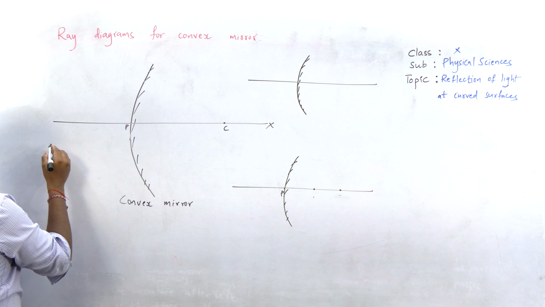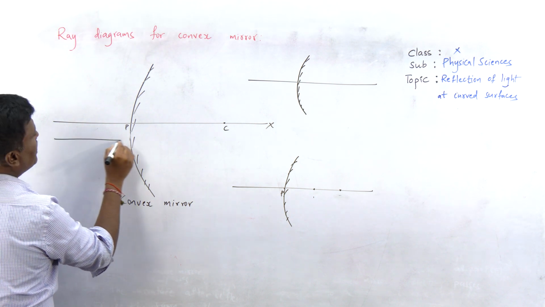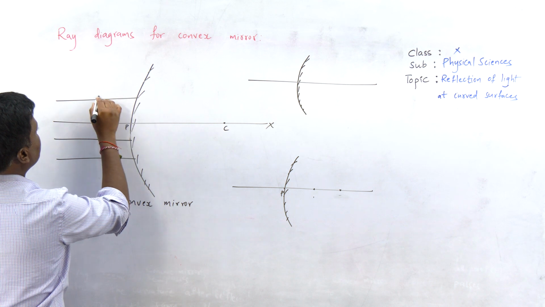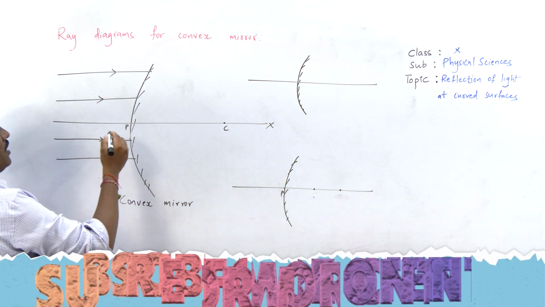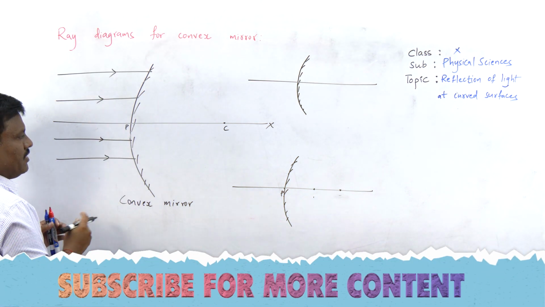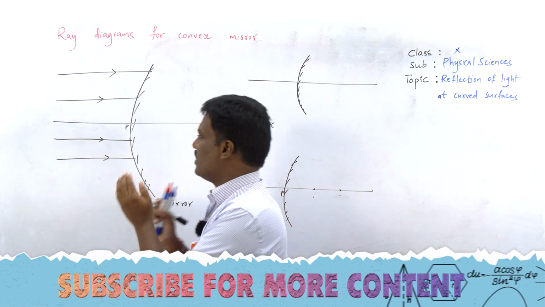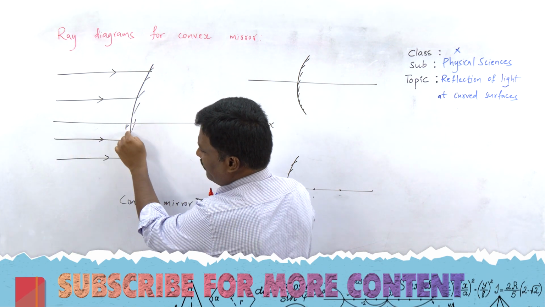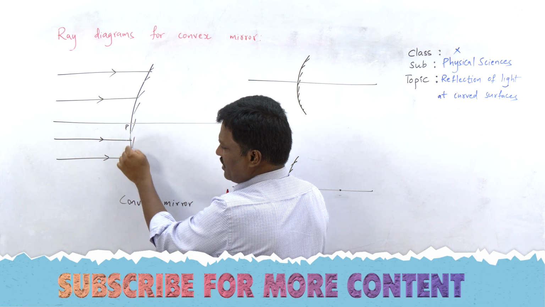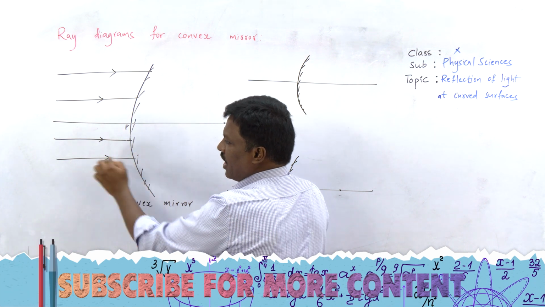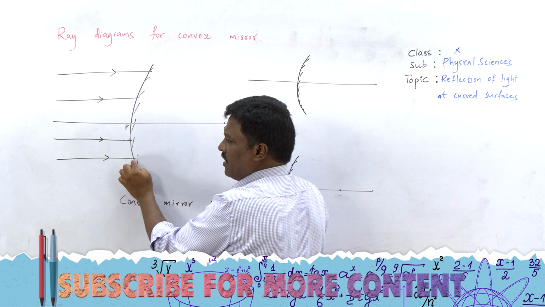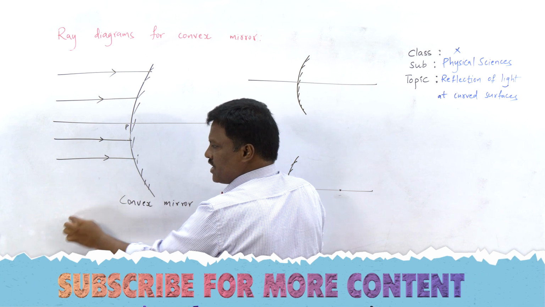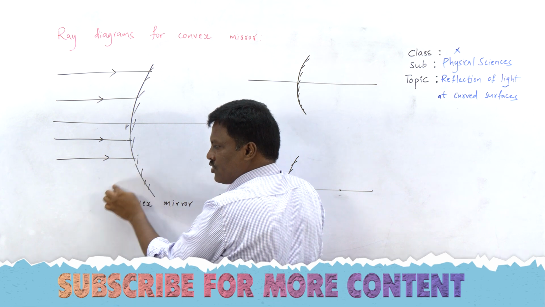Now when a parallel beam is incident on this, after reflection what happened? Since this mirror has the curvature this way, and the reflecting surface is bent outside, after incidence on the surface of the convex mirror, this ray deviates this way.